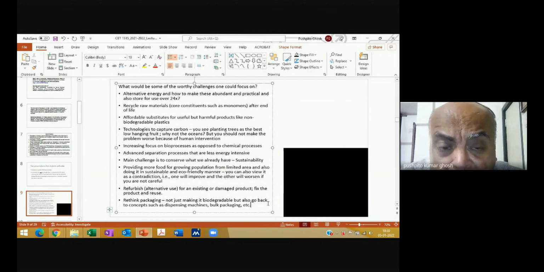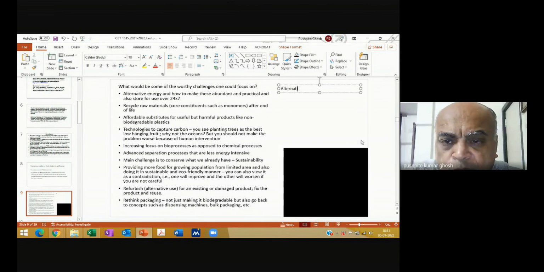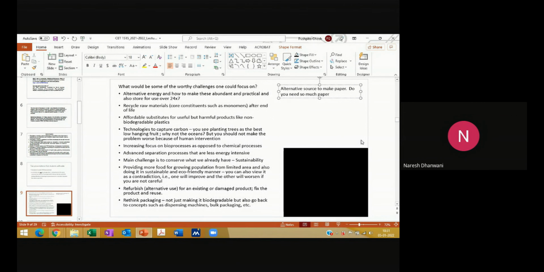Okay. Anything else? Sir, we need to think about an alternative source to make paper, because we can't manufacture paper only from plants. Alternative source to make paper. Now, we can also ask ourselves the question, do you need so much paper? Yes, we can replace it wherever possible.